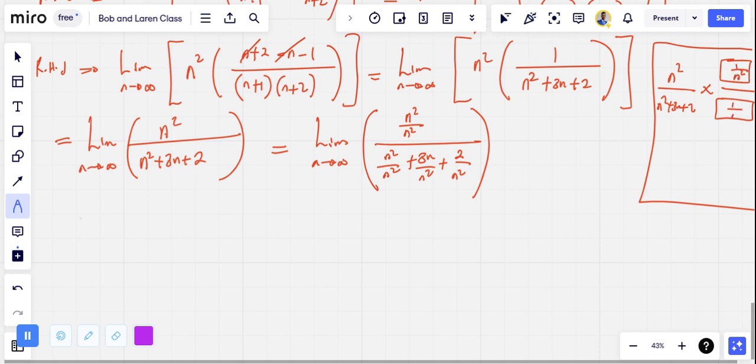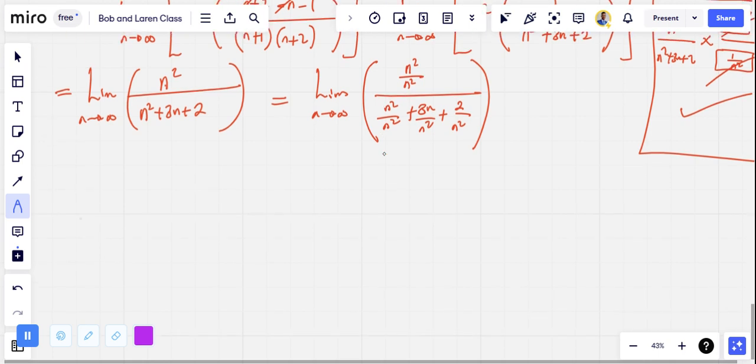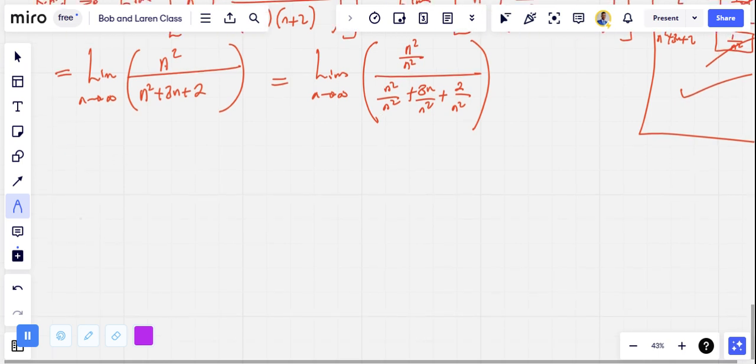So that if this cancels this, I've not done anything wrong to this expression. If n squared multiplies 1 over n squared, I have this. If this 3n multiplies 1 over n squared, I have this. So that's the concept. Understanding matters. It's not that I'm just using some kind of shortcut. So that's how it works in that case.